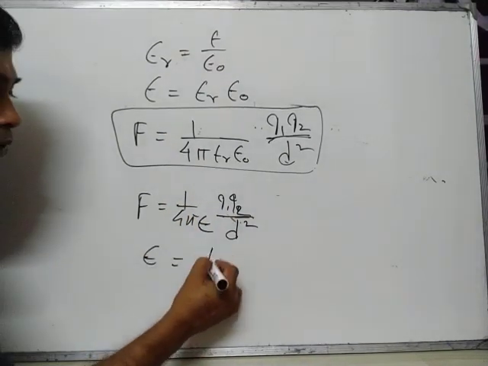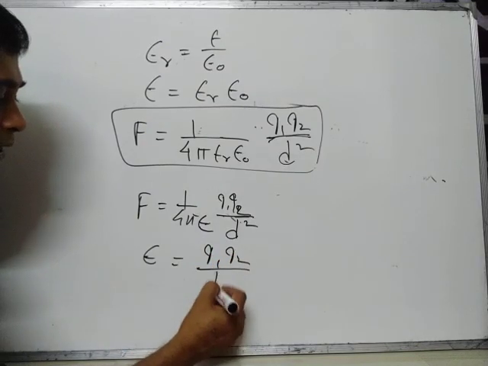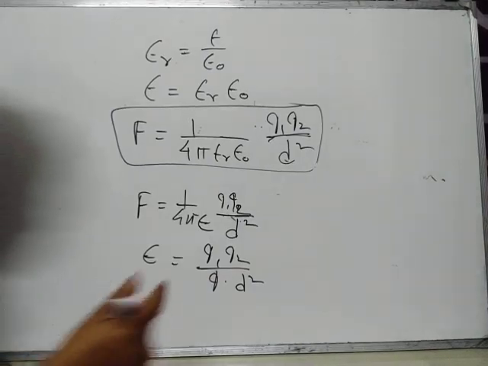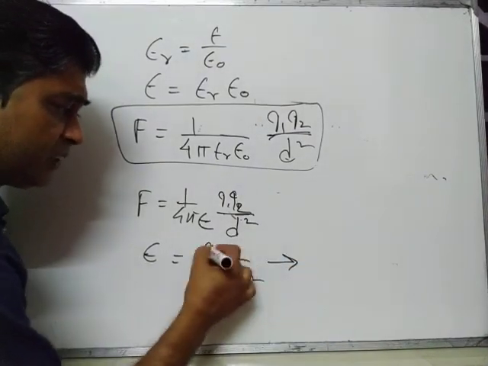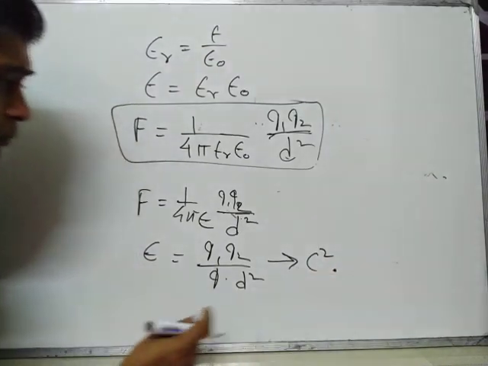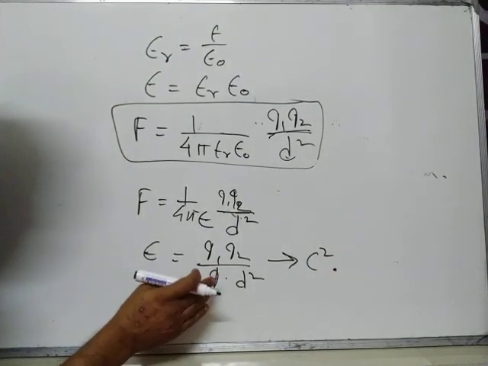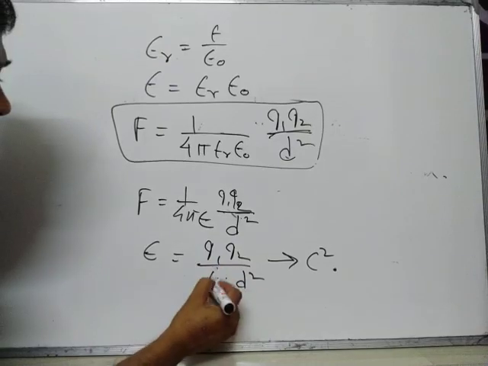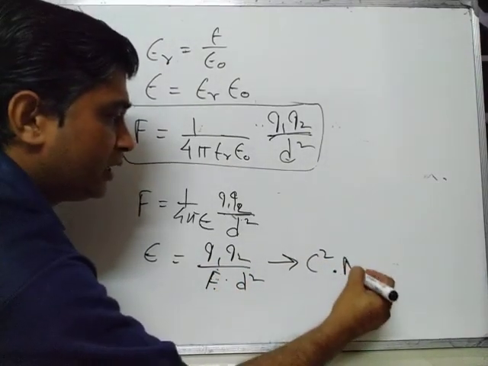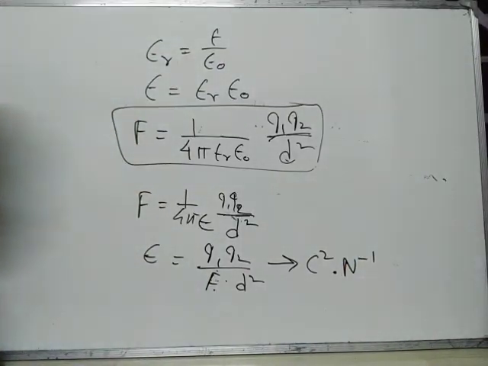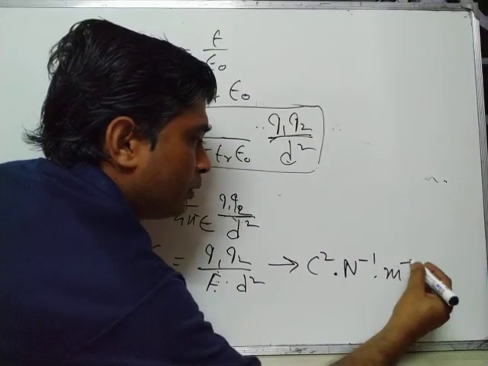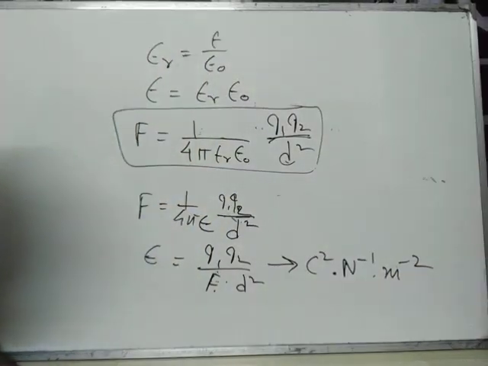Epsilon equals q1 q2 by F into d square. Then the unit of epsilon would be Coulomb into Coulomb, that is Coulomb square, divided by F, which is Newton to the power minus 1, and meter to the power minus 2.